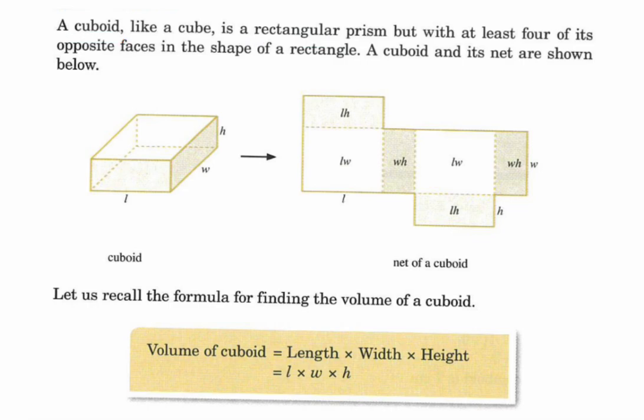Now, it's important to find the patterns that you see in the cuboid because that's going to make your life a little easier. So the pattern that I can see is that the opposite sides, opposite faces, are going to be the same. So we have this length times width rectangle. That's the bottom.